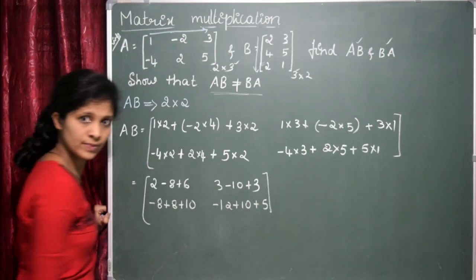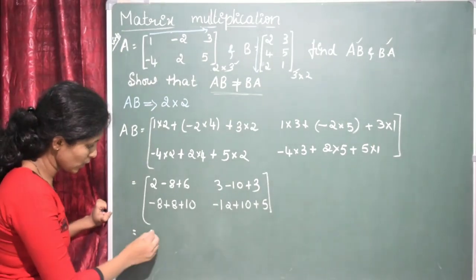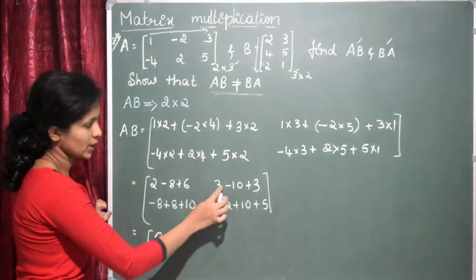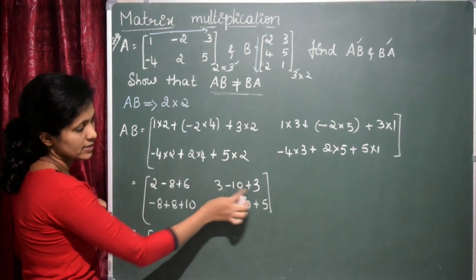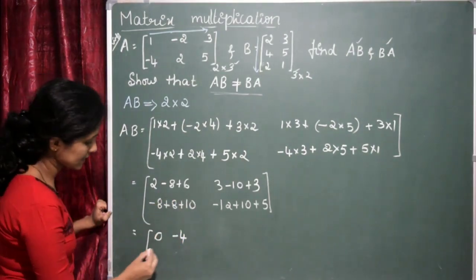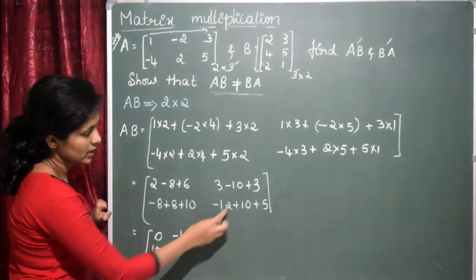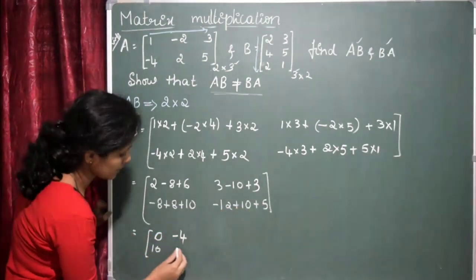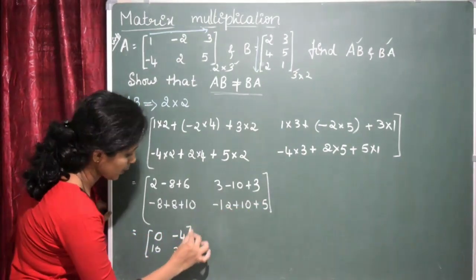Is it clear? Okay, so this is equal to now minus 8 plus 8. This will be equal to 0. So this is now, 6 minus 10 will be minus 4, right? Plus 8 and minus 8 will get cancelled. This is now 10. So here this is minus 2 plus 5. This will be equal to 3. I hope you understood this one.